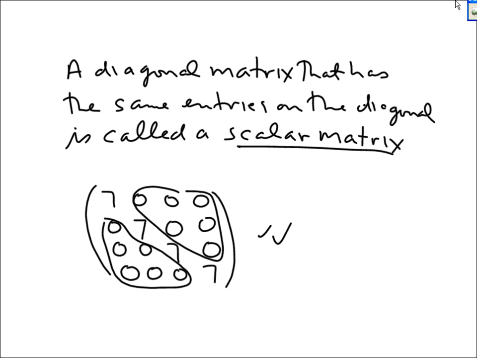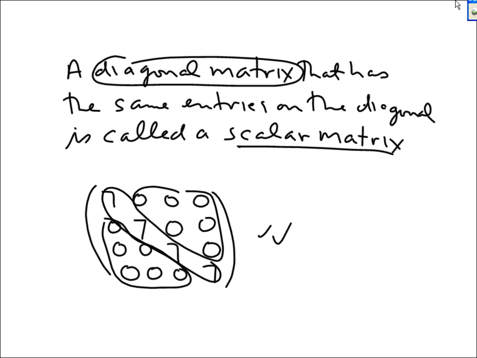That makes it a diagonal matrix, and every entry on the diagonal is equal to one another. Let me say it slower: you have the same entries on the diagonal. Every diagonal entry is 7. That means it's a scalar matrix.